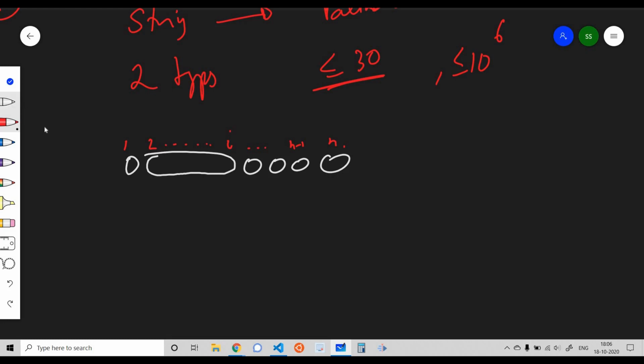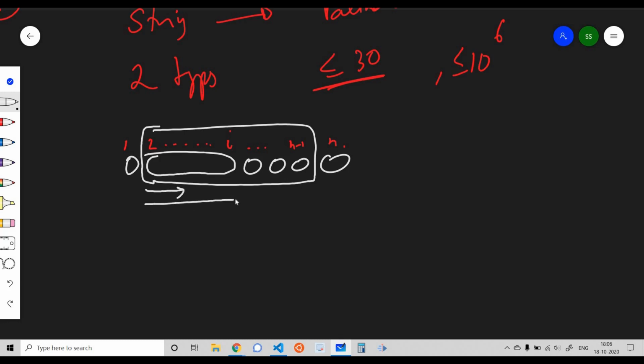In my first operation, I can pick any substring starting from index 2 and I can go till index n-1. So it's up to me whether I choose the substring till this point or till this point. So at most I can go till this index, and after picking this substring, I need to append it at the beginning, and I would be appending the reverse of this substring.